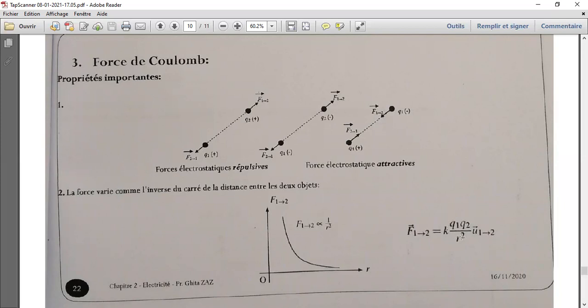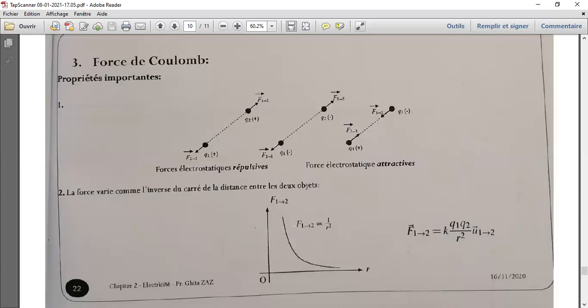So take the distance between Q1 and Q2. For example, if the charge Q1 is +2 and the charge Q2 is +3, when you increase the distance between these two charges, your R becomes bigger and bigger, and your Q1 and Q2 will still be 2 and 3.